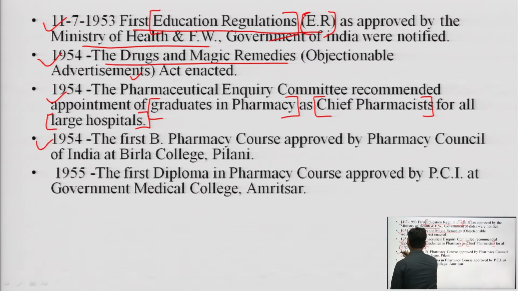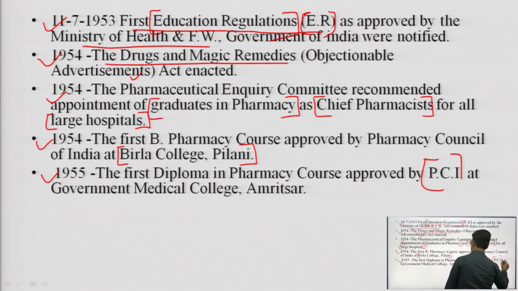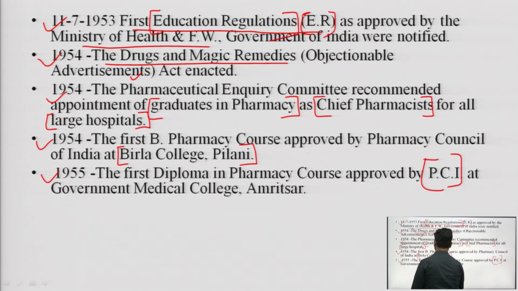In 1954 itself, the first B Pharmacy course was approved by the Pharmacy Council of India at Birla College, Pilani. So the B Pharmacy course started long back in 1954, and it was started by BITS Pilani. One year later, in 1955, the first Diploma in Pharmacy course was approved by PCI at Government College, Amritsar.